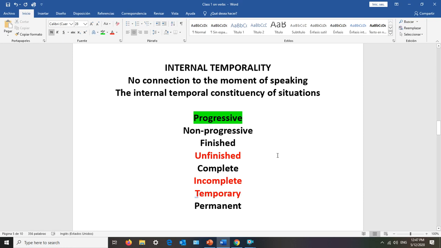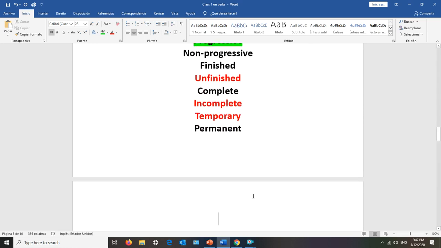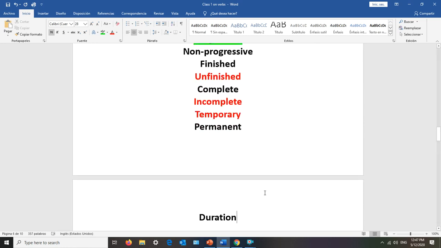Okay? For example, when I say I am teaching grammar at this moment, I am making reference to a situation that is unfinished, right? That is incomplete, that is temporary, and that has duration. That is durative, for example. So it is like the three qualities at the same time. The quality of being durative, the quality of being temporary, and the quality of being unfinished or incomplete.